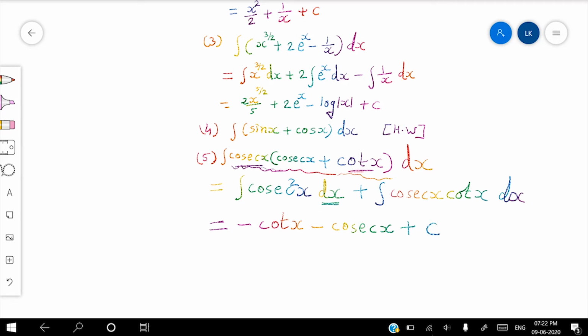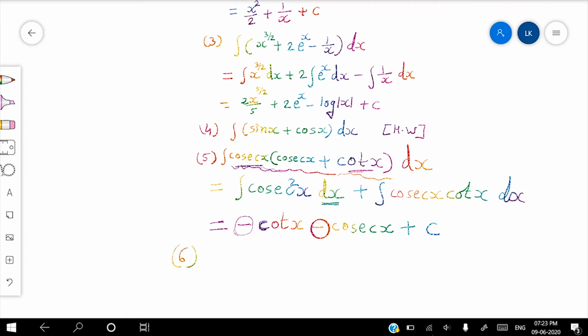Correct. It is minus cosec x plus c, any arbitrary constant. And also we discussed one technique: whenever in the answer the first letter is c in a trigonometric function, either cos, cosec or cot, the sign should be minus. Correct? This is the technique to remember the formula. This is our answer. Okay?